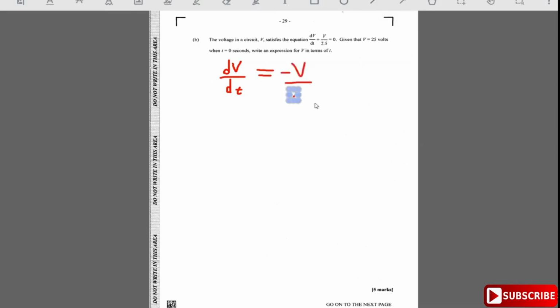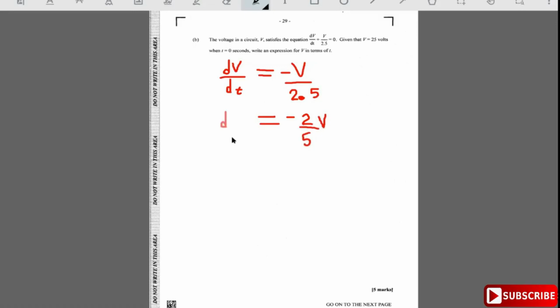Now minus V over 2.5, I can rewrite that as minus 1 over 2.5, which is minus 2 over 5. This part becomes minus 2 over 5 times V, and that is dV by dt.